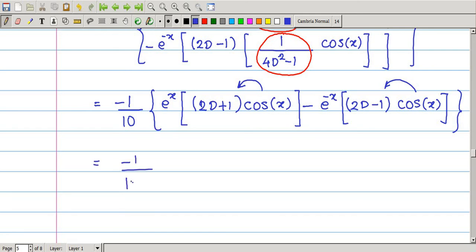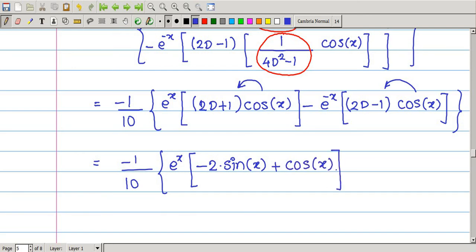So minus 1 upon 10 into e raised to x, the derivative of cos x is minus sin x, plus 1 into cos x. For the second one, minus e raised to minus x into minus 2 times sin x minus cos x.